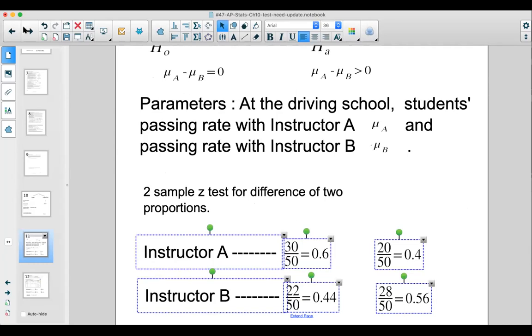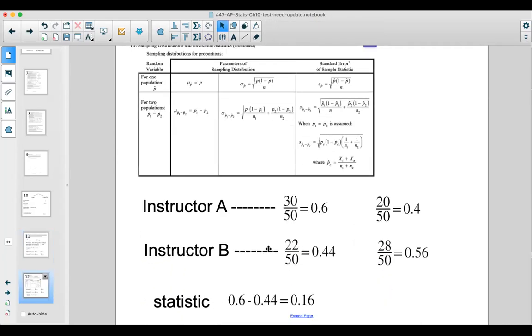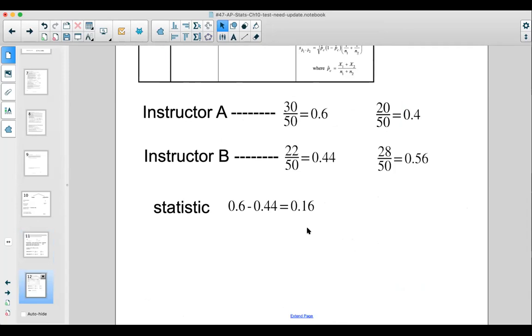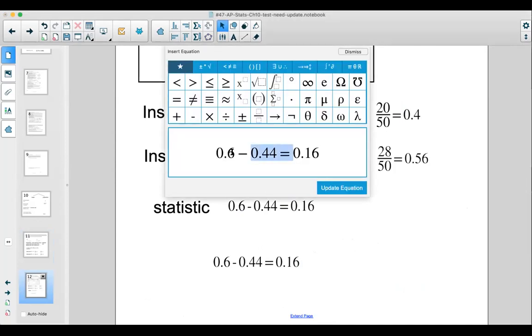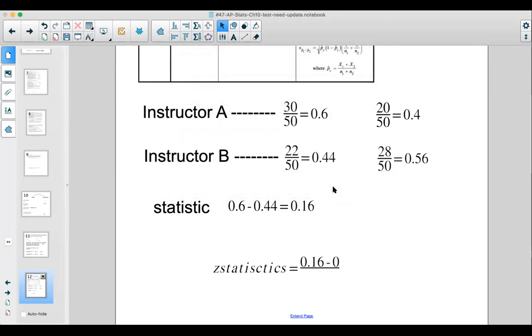I know it kind of seems like the same thing, but first I will put the statistic, equals a fraction, 0.16 minus 0, because that's the parameter.